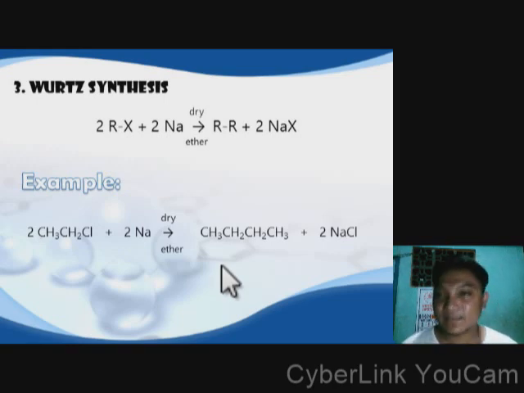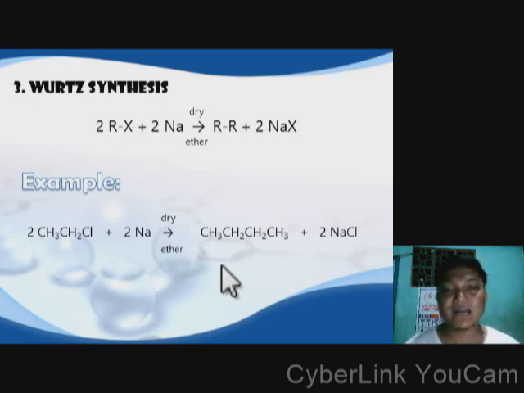Okay, so example is that your 2 atoms of your 2-chloroethane, di ba? 2 atoms of your 2-chloroethane plus 2 sodium. Of course, your catalyzing agent is your dry ether, forming you what?